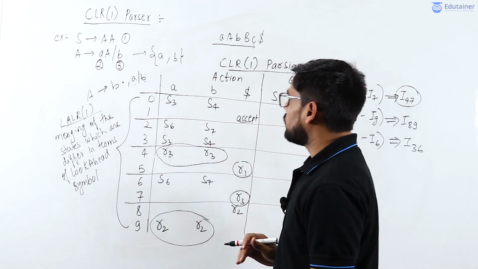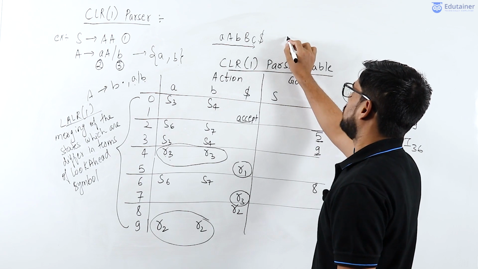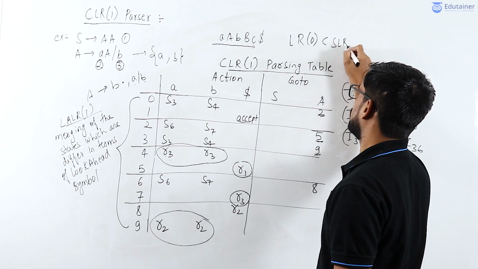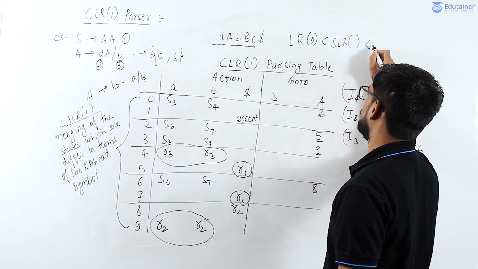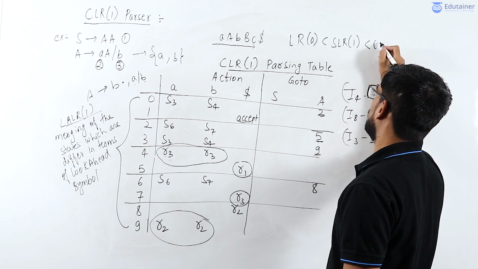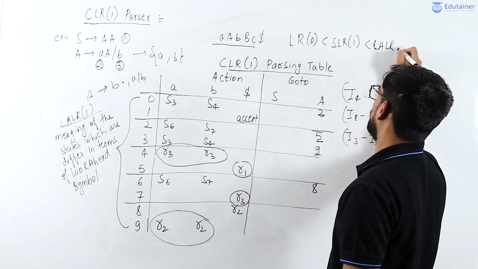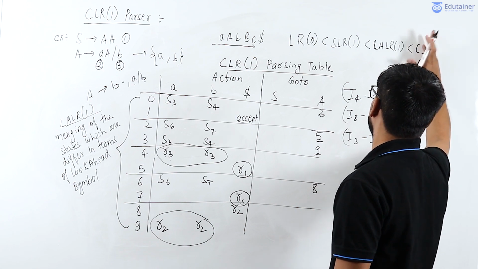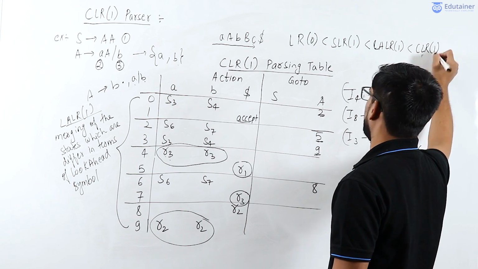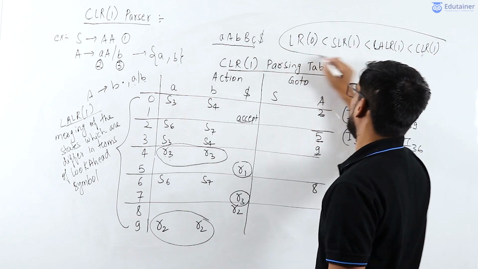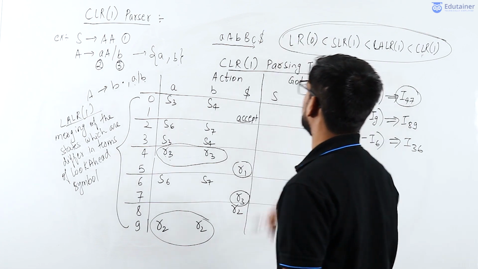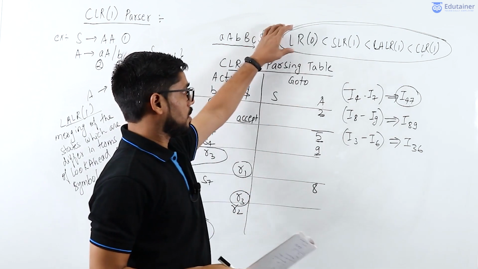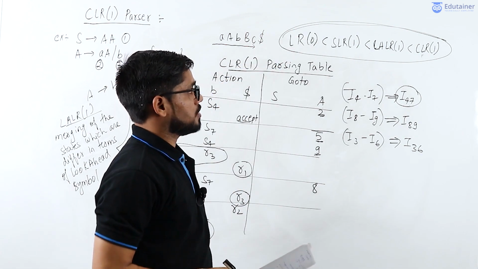So coming to the power of the different LR parsers: LR0 is less powerful than SLR1, SLR1 is less powerful than LALR1, and LALR1 is less powerful than CLR1. This is very important, and most of the time the questions in GATE come from the LR parsers.